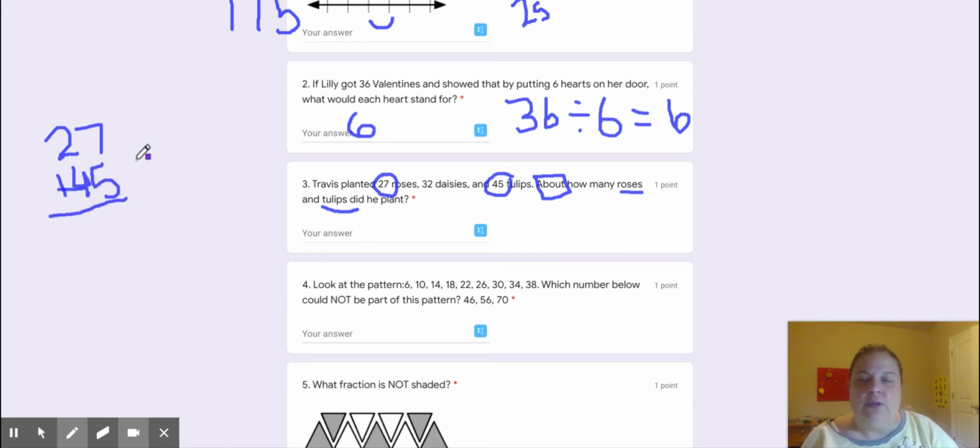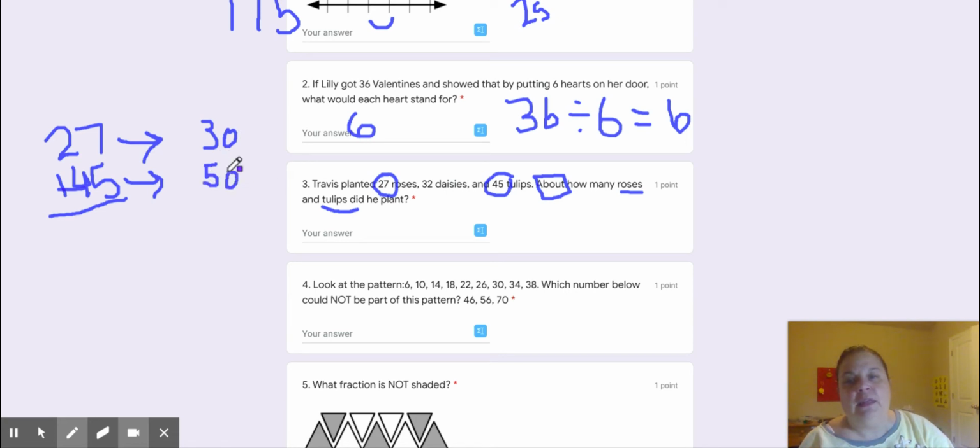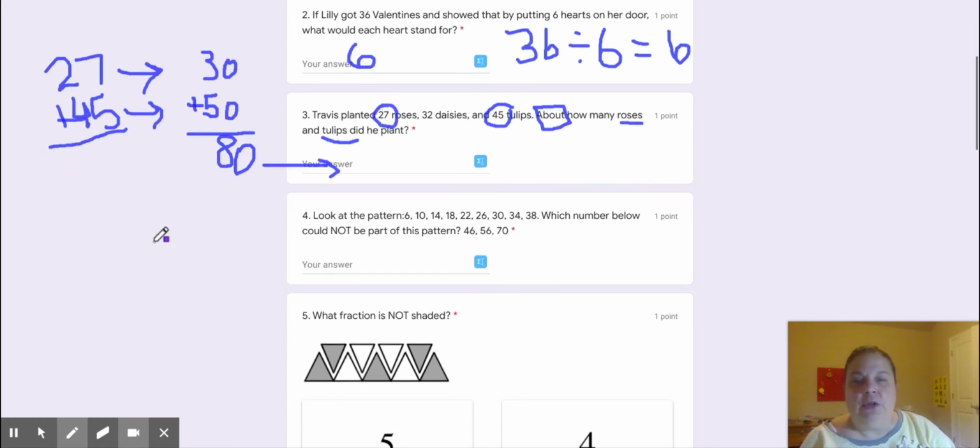Okay, so got to round first. If you round afterwards, you're going to get the wrong answer. So 27 is going to round to 30. 45 is going to round to 50. That is going to give you 80. So the correct answer here was 80. All right, moving on to the next one.